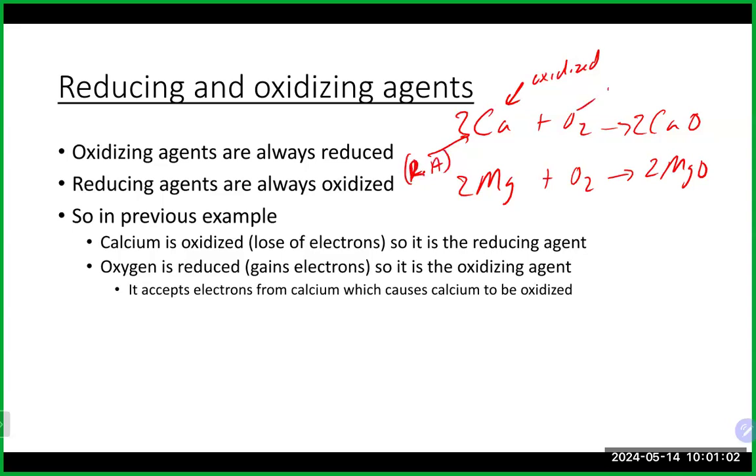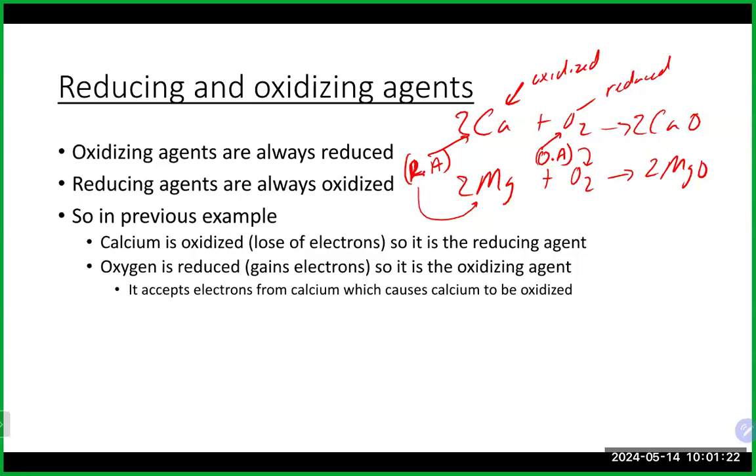This was being reduced, which means this would be our oxidizing agent, and is actually the same on the bottom here as well. So when you're asked again about the agents, they're opposite of sort of the name. And again, it is a different question than what is being oxidized and what is being reduced.